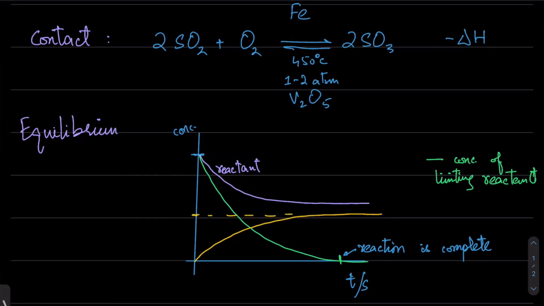Again, this value can be high, low, whatever. It doesn't have to be here, it can go above as well, but its value becomes fixed. In this way its value also becomes fixed. And when this situation happens, we say equilibrium is established.